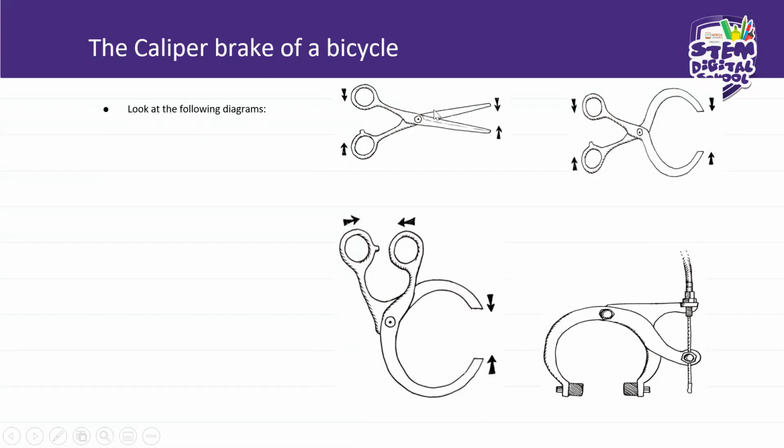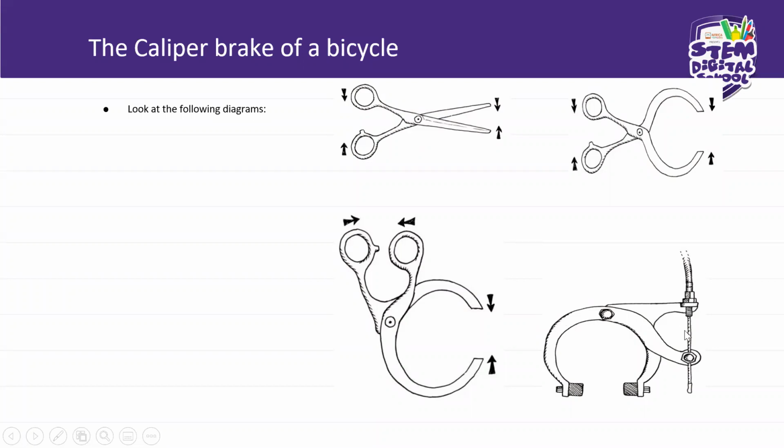Imagine if this end of the scissors was bent to be like this. This is actually called a caliper. If these handles are moved together, then they operate the caliper section. That is how the caliper brakes of the bicycle operate, okay?